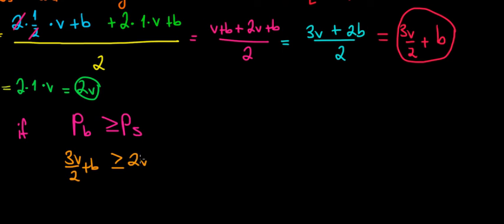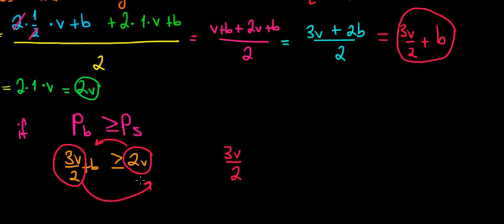Now if we solve this, let's take the V's on one side and B on the other. Let's take 3V/2 to the right, so that we have 2V minus 3V/2. And 3/2 is 1.5, so 1.5V, and that must be less than or equal to B.